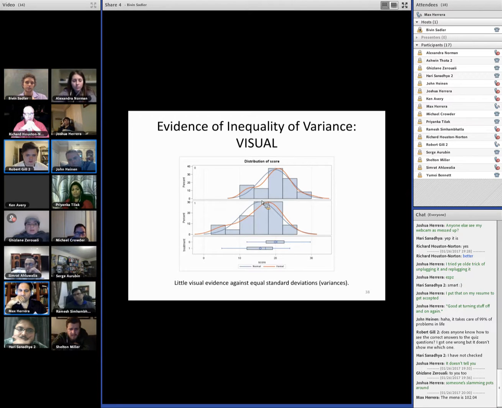Now, I like to look at it from both points of view so you can communicate with anybody. There are hypothesis tests that I'll show you here in a second. We can test the difference in means. There are other hypothesis tests that can test the difference in variances. But it's generally bad practice to test the assumptions of one hypothesis test with another hypothesis test, because remember, both of them can make type 1 errors.